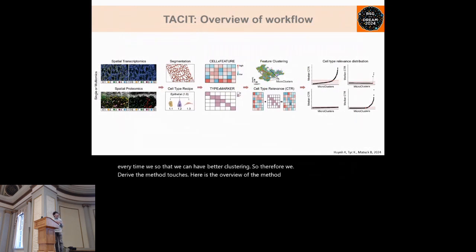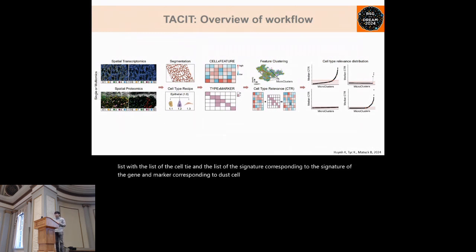First, we start with either spatial transcriptomic or spatial proteomic data, and then we do segmentation. We also need another component, the cell type recipe. This cell type recipe is the list of the cell types and the list of the signatures, the genes and markers, corresponding to each cell type.